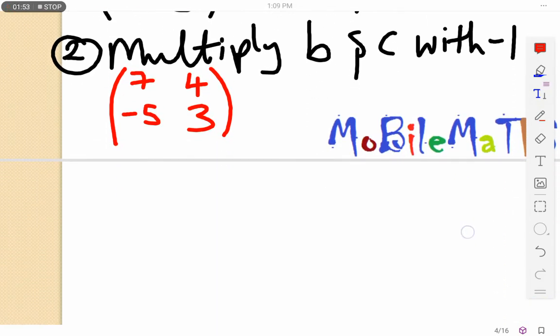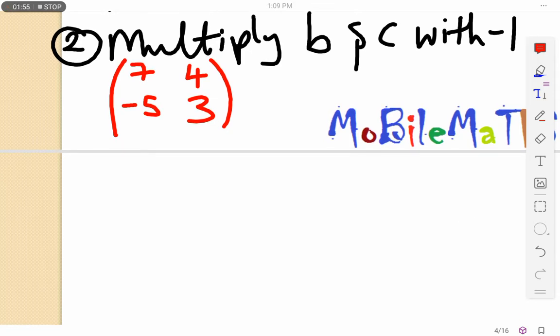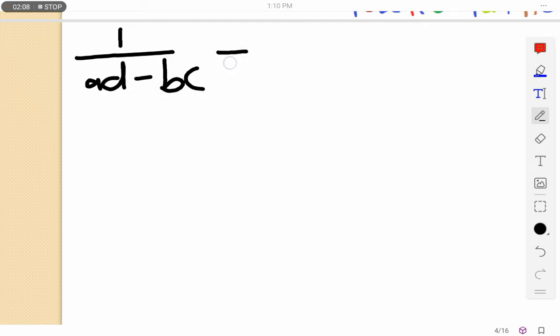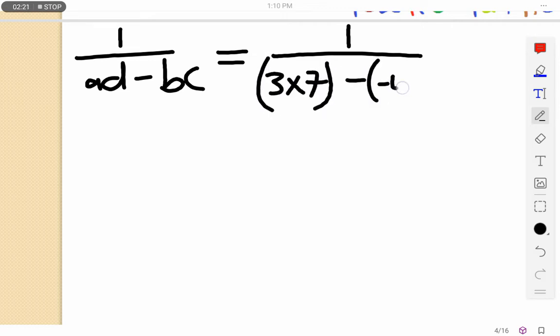Now let's find the determinant of that matrix. So the determinant of the matrix is 1 over AD minus BC. Okay, so if we go back to our question, we have 1 over A, our A is 3, so it's going to be 3 times 7 minus 4 times 5, like that.